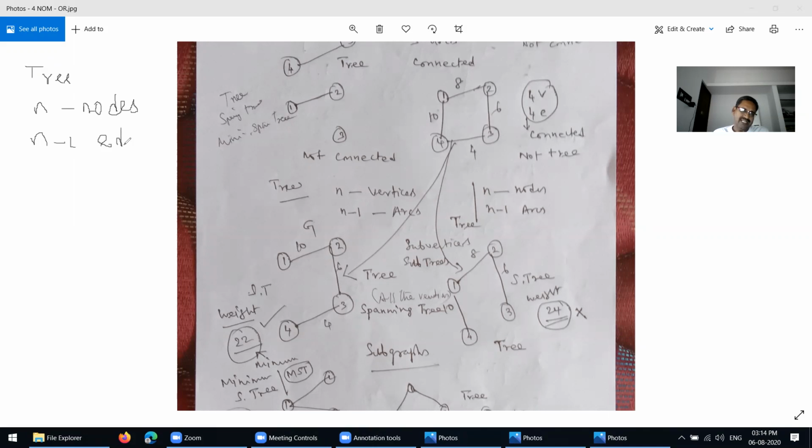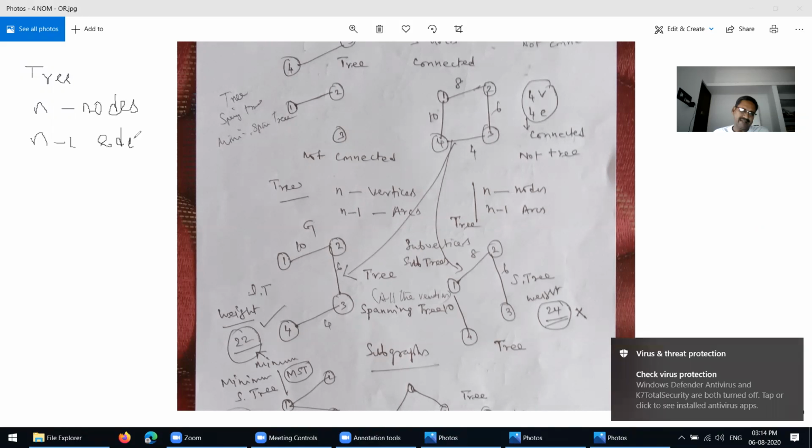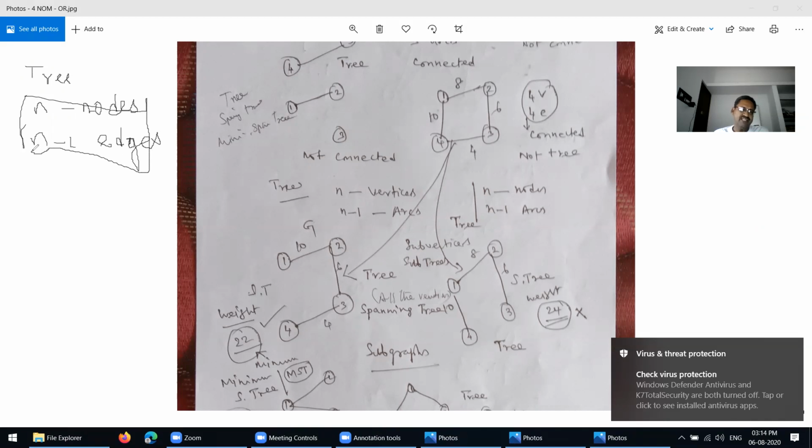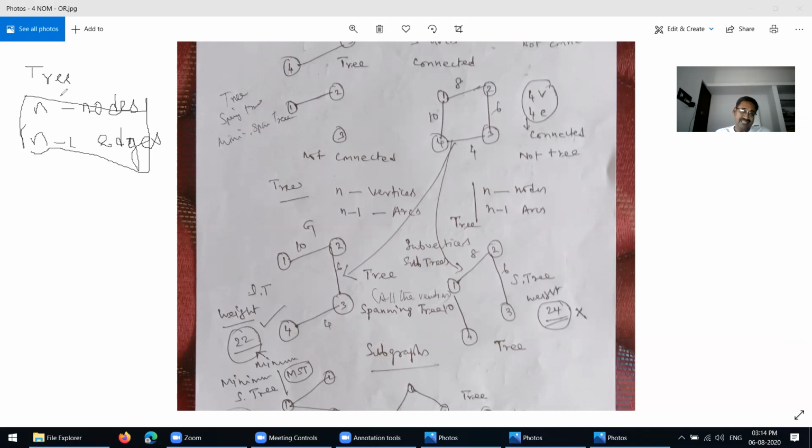Suppose a graph contains n nodes or n vertices and n minus 1 edges, this is known as a tree. You understand? This one is connected.